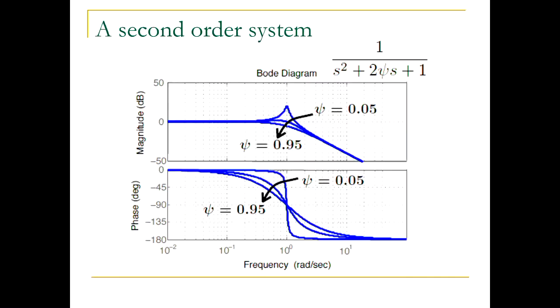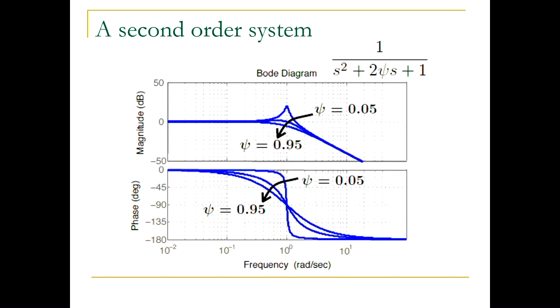All right, so here is another example where I have a second order system. What I'm plotting here is s squared plus 2 psi s plus 1. I basically decided that the natural frequency omega n is 1.